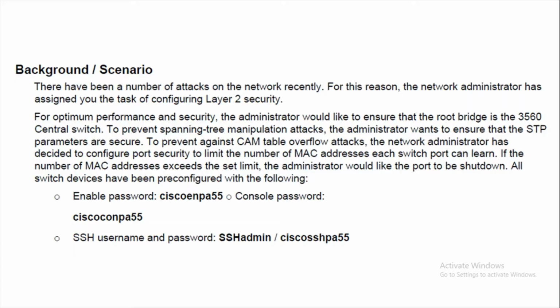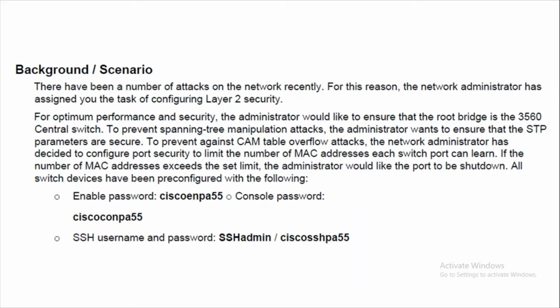Second thing, we have to prevent against the CAM table overflow attack. A CAM table overflow attack is an act performed against a network switch, in which they flood the switch with bogus MAC addresses, and this flood of data causes the switch to have the bogus entries as valid entries in the database, and that causes valid addresses to get dumped.